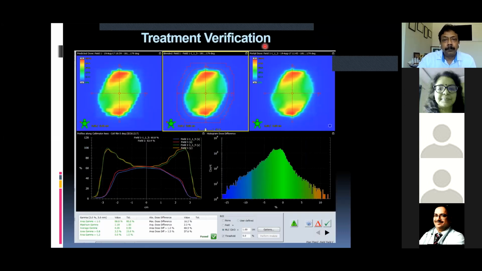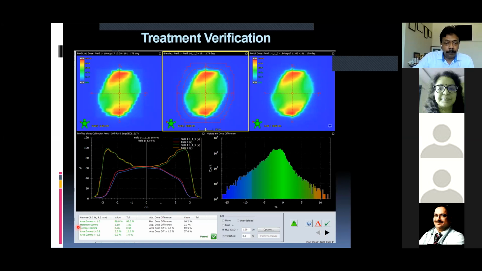Next part is treatment verification, where there is a fluence, one being the predicted image and another the measured image. We measure this fluence by electronic portal imaging system, or you can measure by a MatriXX type of 2D array of ion chambers, and we can blend these two images, and we can visually see whether there are any changes or not.